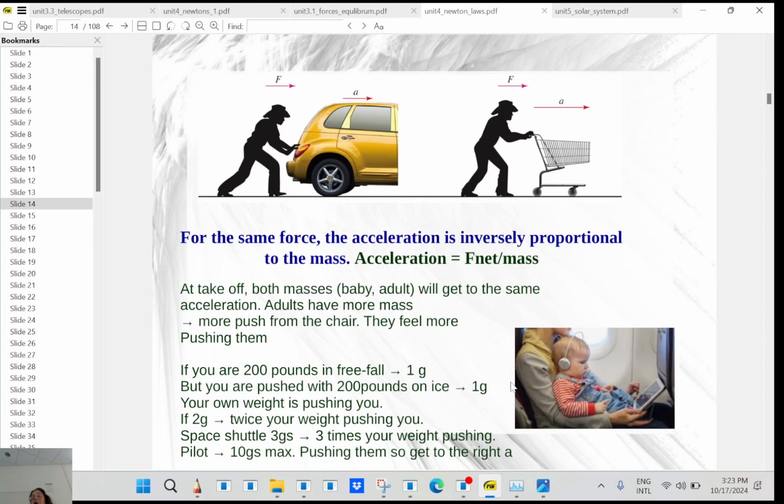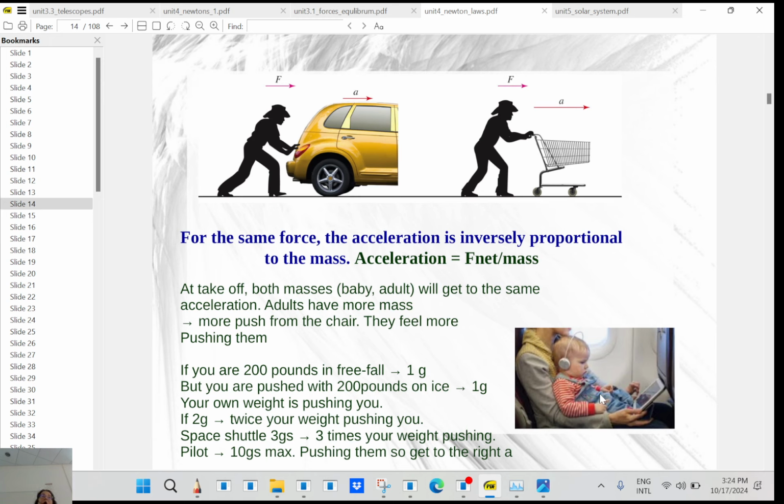The force will be provided by the chair you are sitting on. An adult, for example, has more mass, so there will be a larger force pushing that person so he can accelerate. If you have a kid, the kid has less mass, so less force acting on the kid.